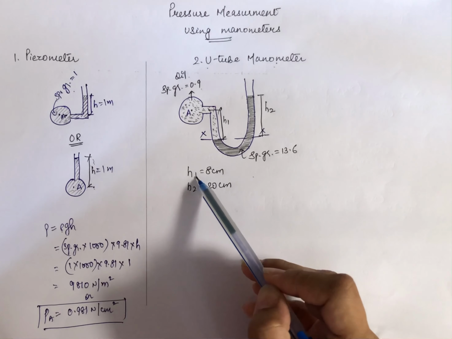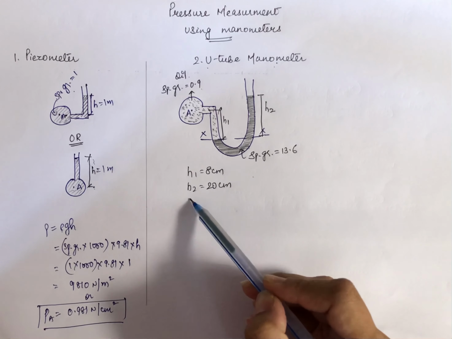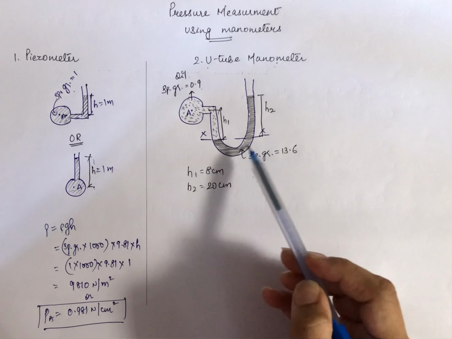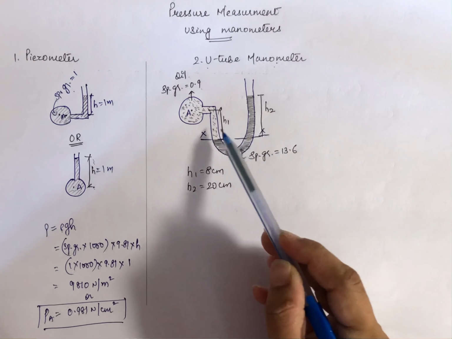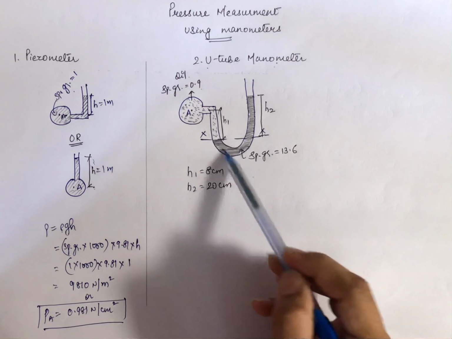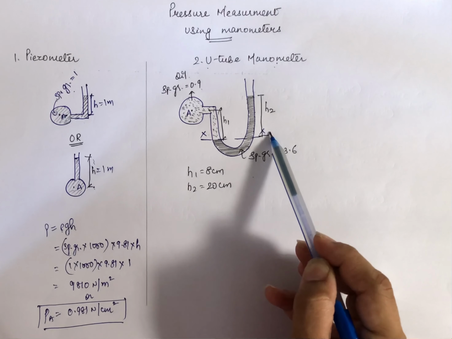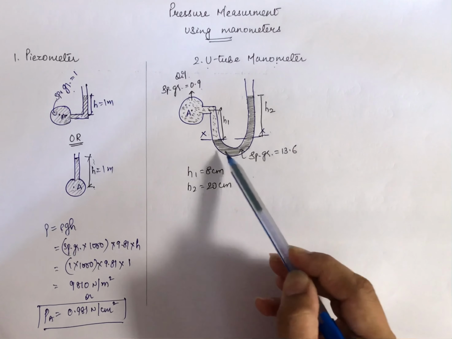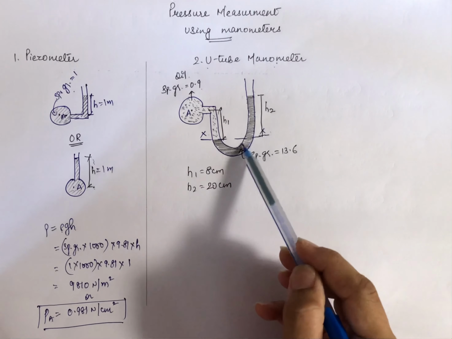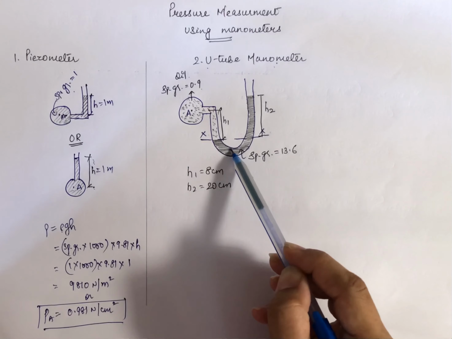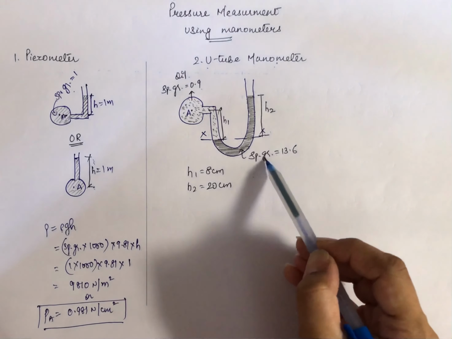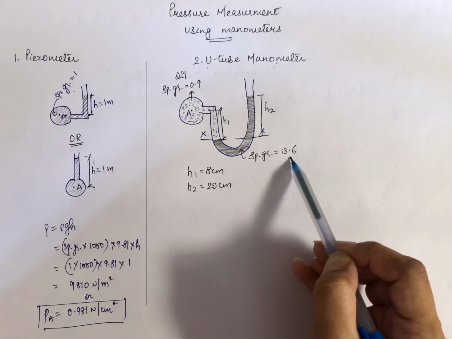The height H1 is 8 centimeter and height H2 is 20 centimeter, which are the heights of the left limb and the right limb of this U-tube above a datum XX, and the other fluid filled in this U-tube is mercury, whose specific gravity is 13.6.